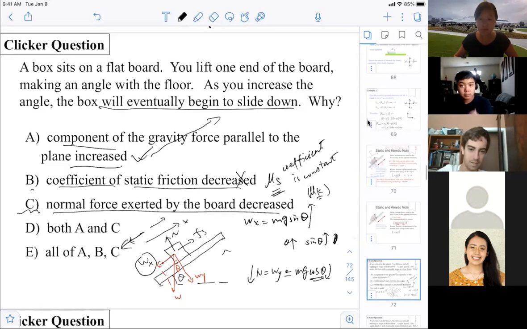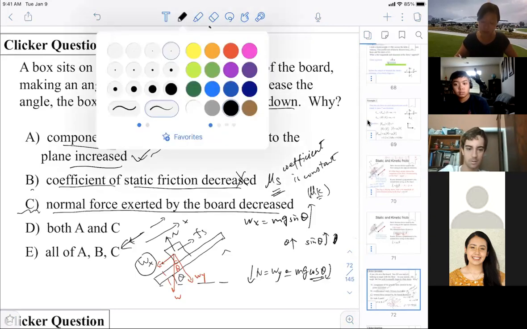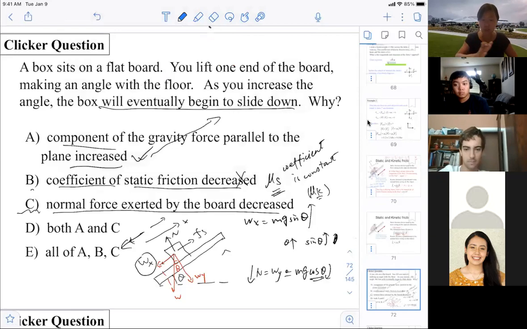I think that C is relevant because as you're tilting, when it's flat, the normal force is purely a vertical force, but as you tilt, it gets a horizontal and vertical component, and that would contribute to the sliding or not when you do all your force addition. I see. So normal force certainly will tilt together along with the ramp.